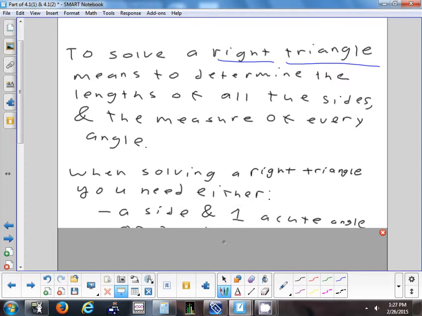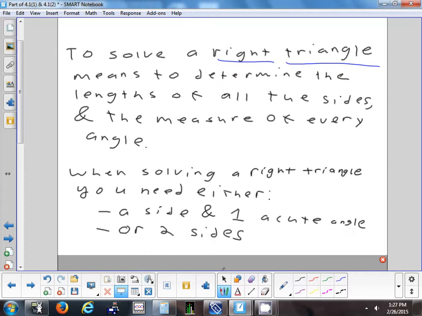So I could give you a side and an angle. Or anybody know what else I could give you? Or I give you two sides. So in addition to the 90, I'm either going to give you a side and an angle, or two sides.